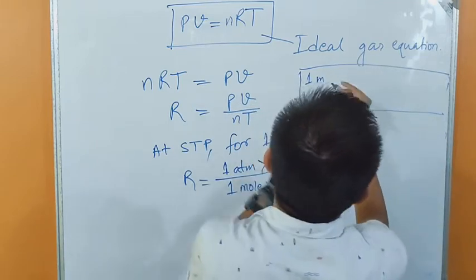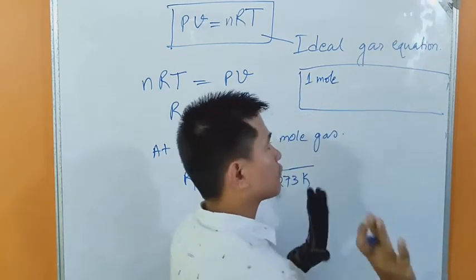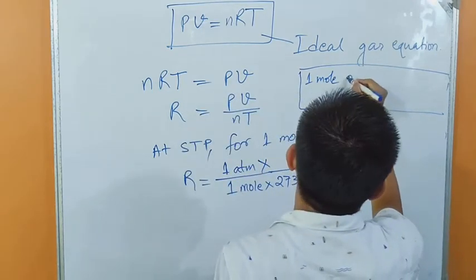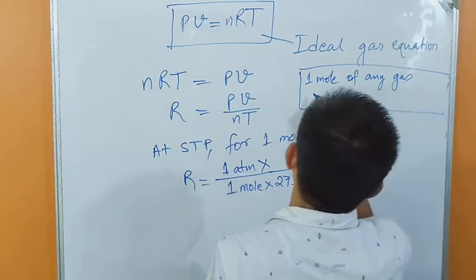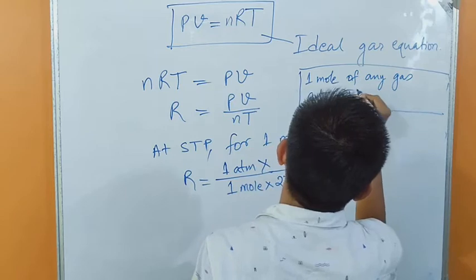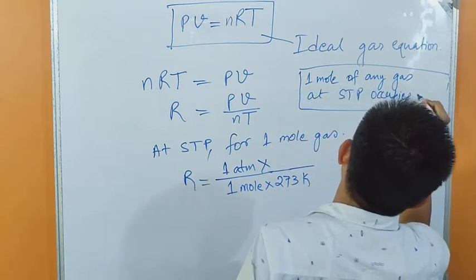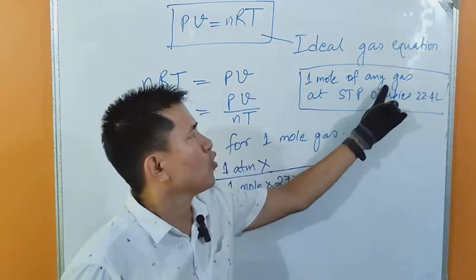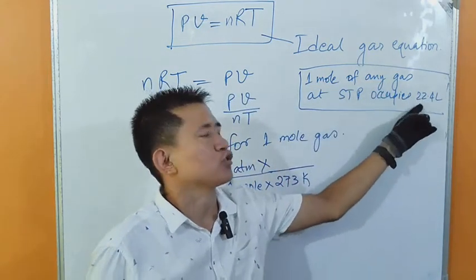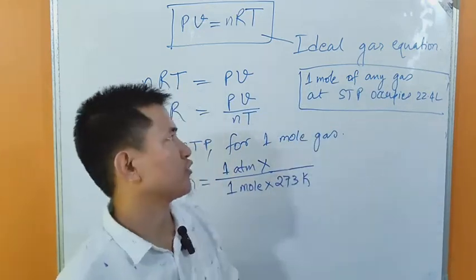Let me remind you here. 1 mole or molar volume of gas: 1 mole of any gas at STP occupies 22.4 liter volume. This was given by Avogadro's hypothesis.